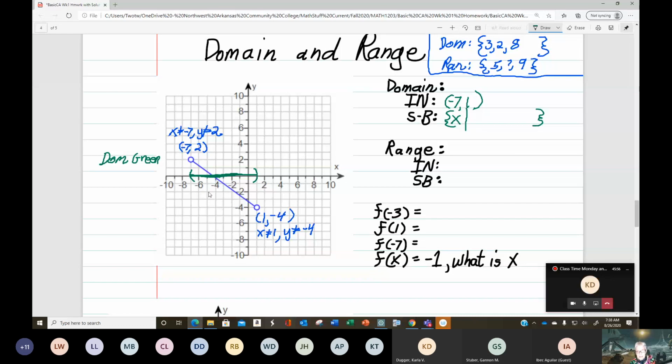And then we state what we can say when we're looking at this, namely that -7 is on the left and 1 is on the right, and x can be any number between them, but not actually equaling -7 and not actually equaling 1. Because if they did equal, we would put a bar underneath.